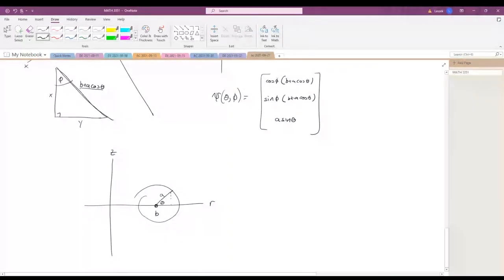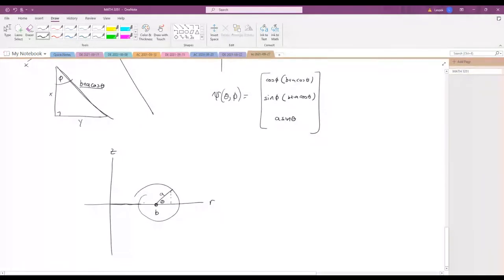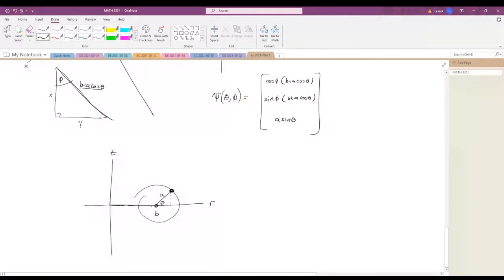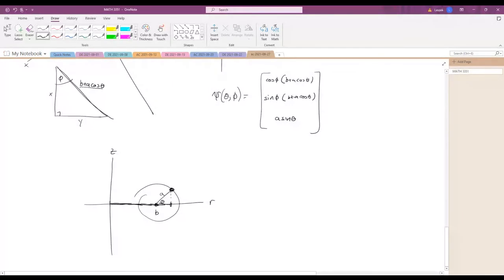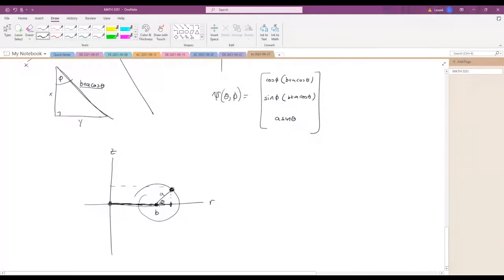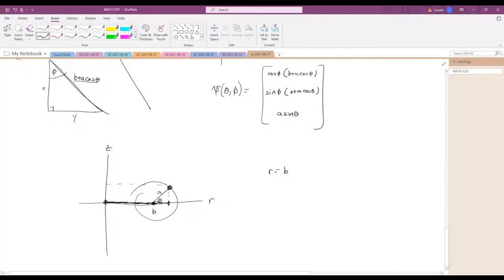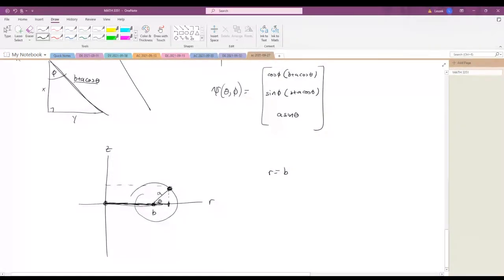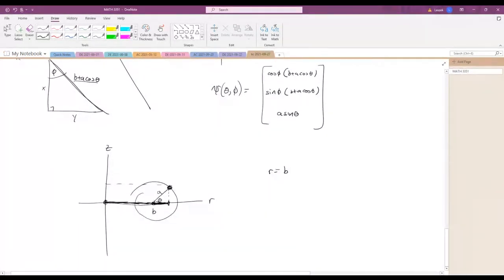So in terms of theta, what is R? We're given a point on the circle. What is R? That is the distance from the z-axis. Well, it would be just B, first of all. You're starting at the origin, you got to get to B. And then you would use a cosine of theta to get that extra distance here. So that's like the radius.